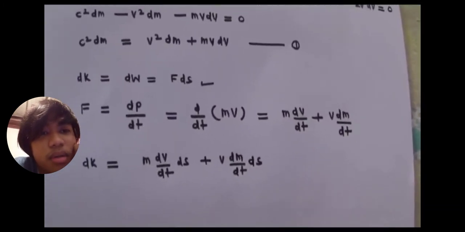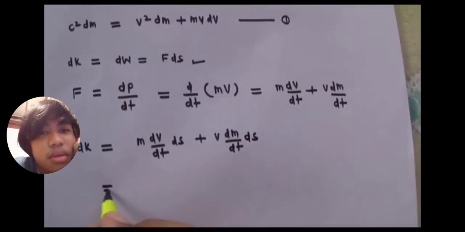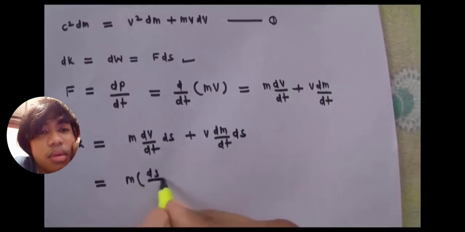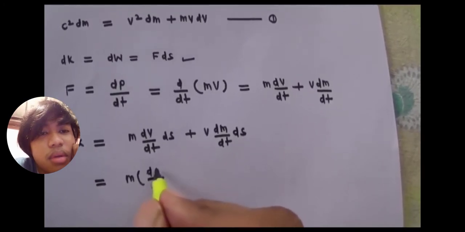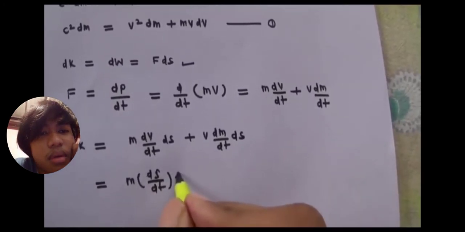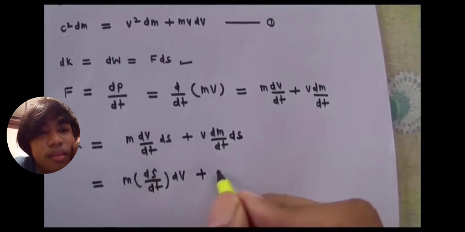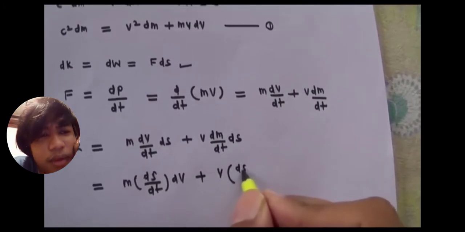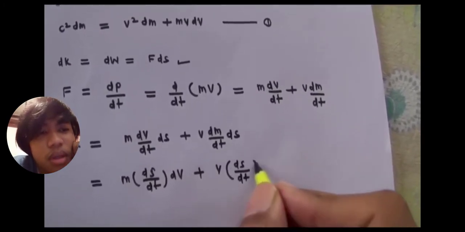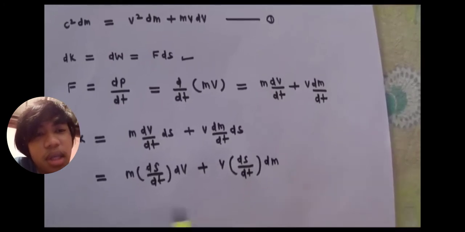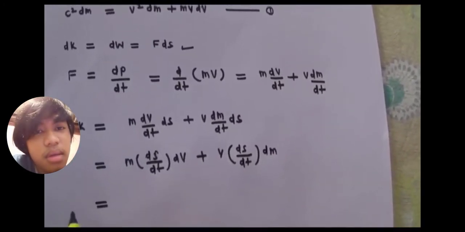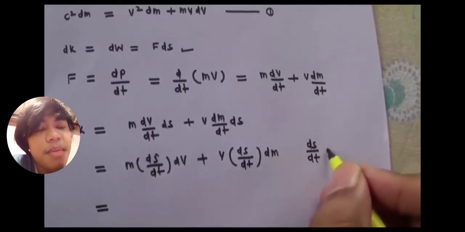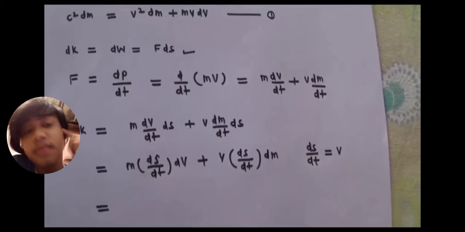Now ds upon dt is the velocity of the body, therefore it is equal to v.